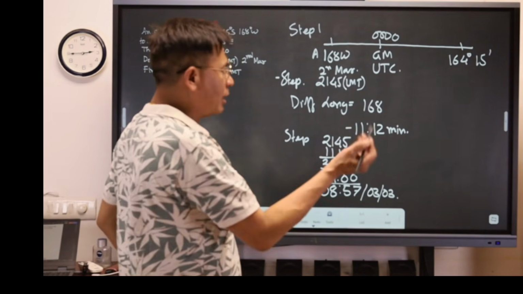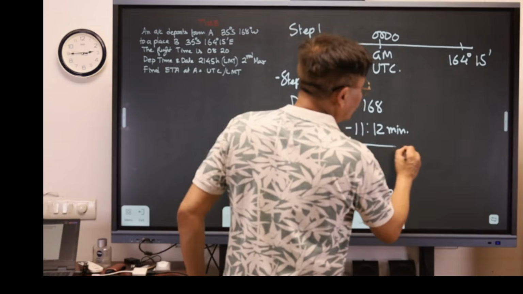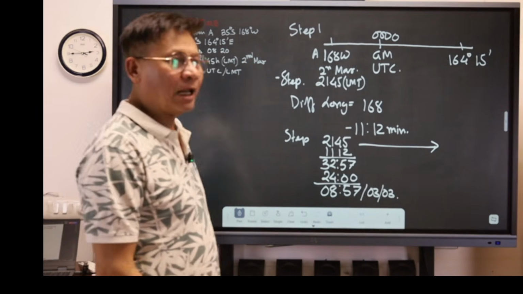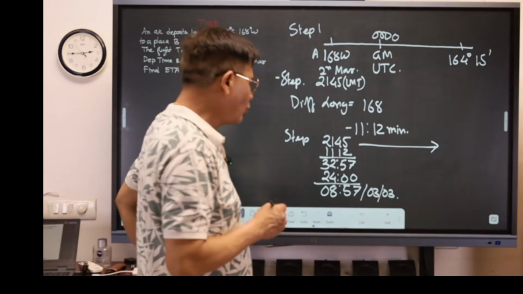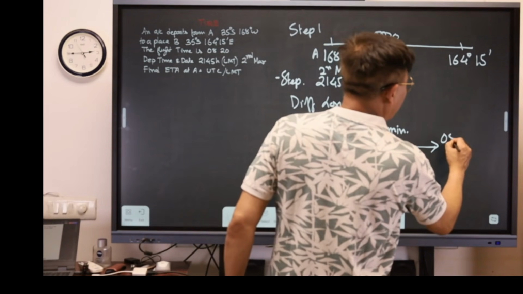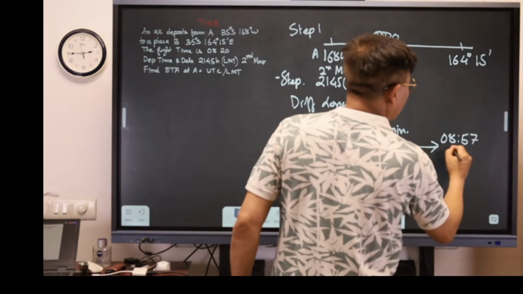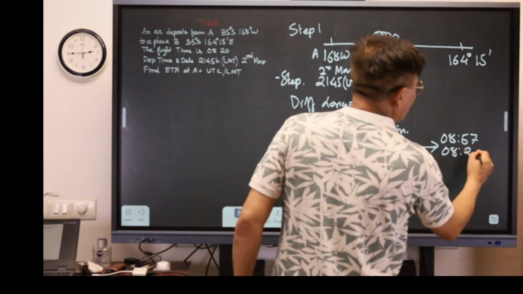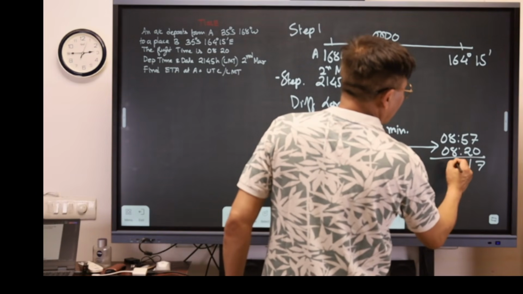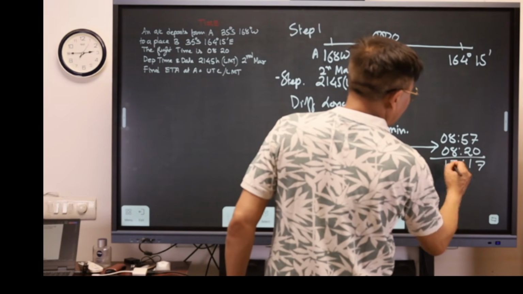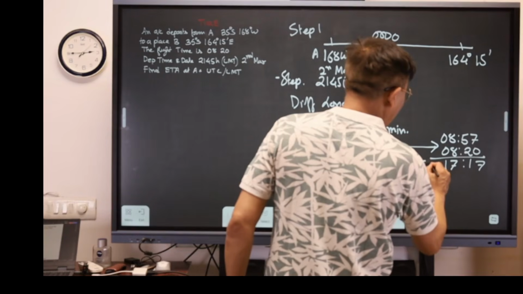Now the next step is to find the time of arrival at point B by adding the flight time, that is 8 hours 20 minutes. So 0857 plus 0820, that means 7, 1 in hand, 8 to the 16, 1, 17. This is UTC.